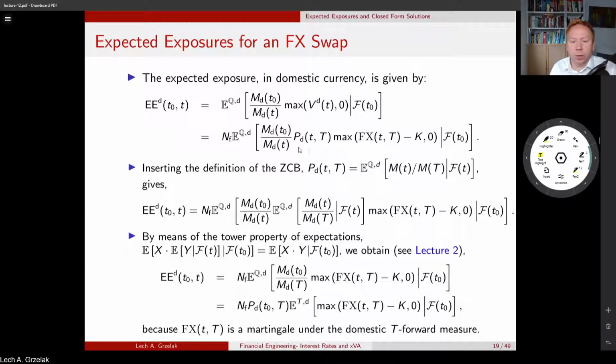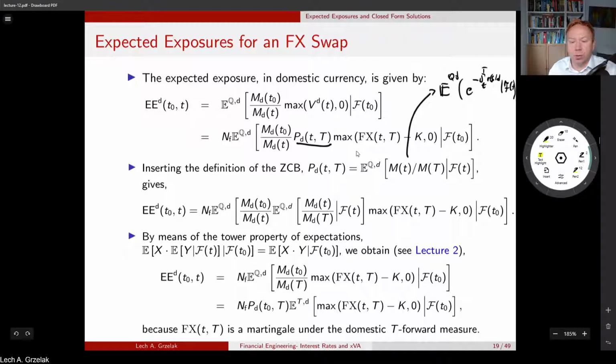So of course, now what we can do, we can use the definition of a zero coupon bond. This is what we have here. The definition of a zero coupon bond is basically the ratio of the money savings account, because this quantity here will be equal to the expectation under QD of e to the minus integral from t to T of r_s ds, given the filtration at time t.